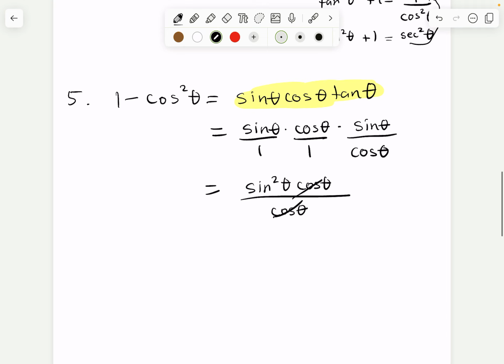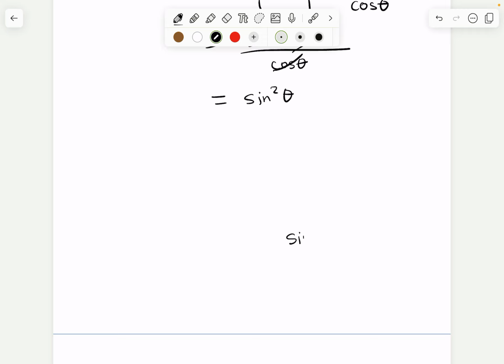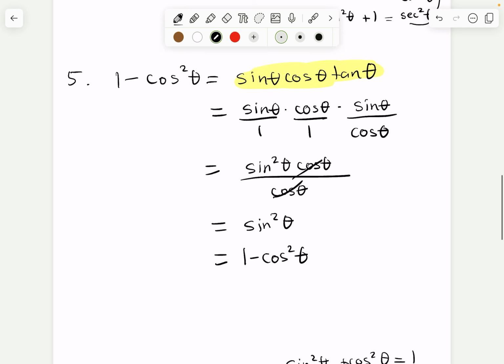The cosines cross out and you get sine squared of theta. And we know the identity sine squared plus cosine squared equals 1. So if we rewrite this, we can write 1 minus cosine squared, which matches what we wanted.